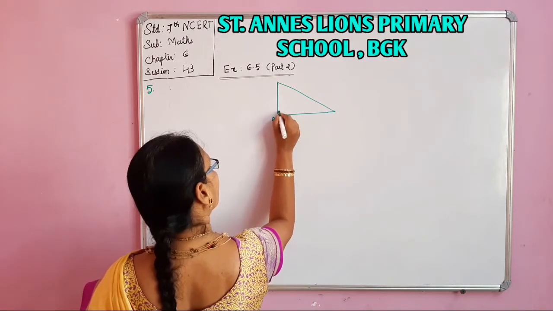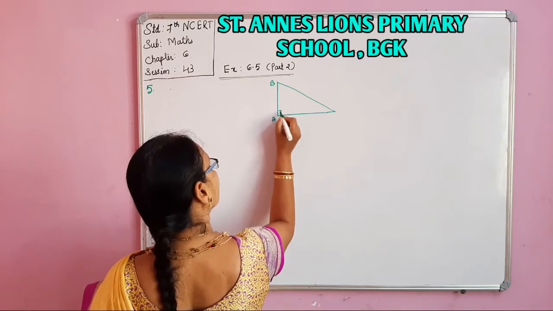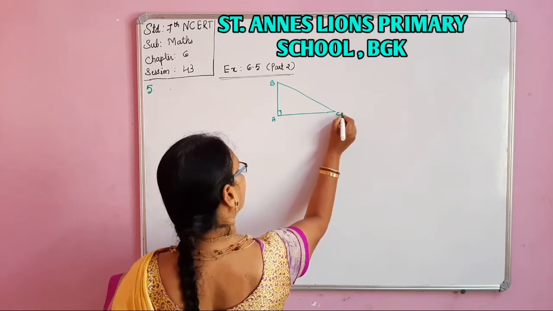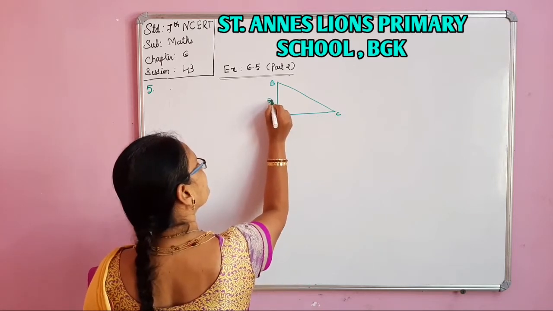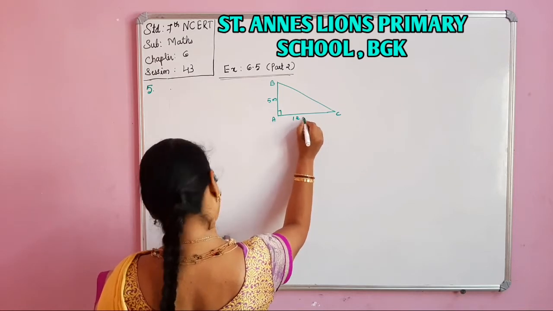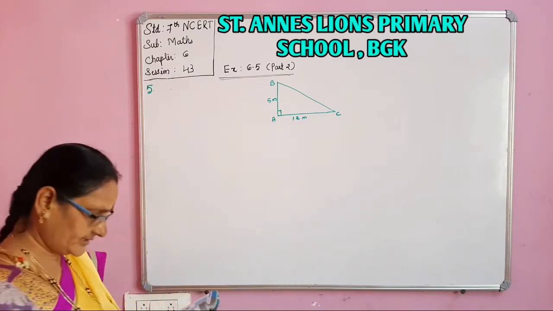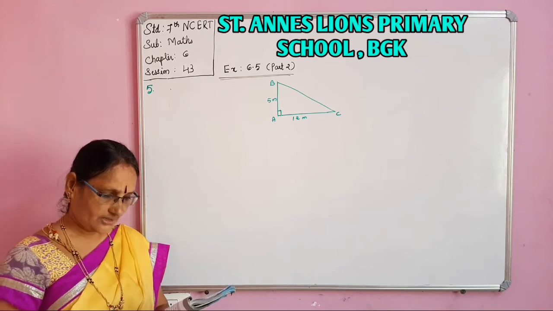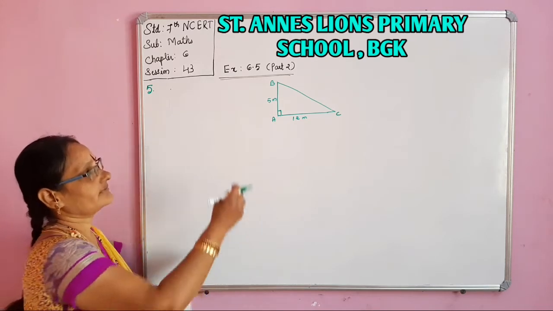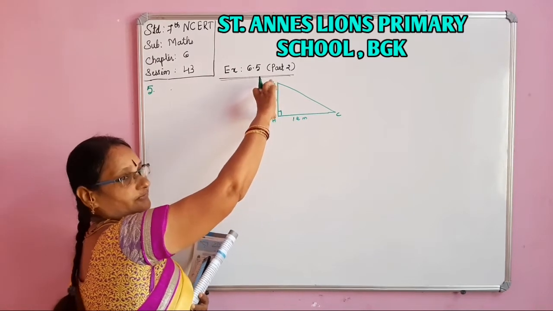See, this is A, this is B, and this is C. This is 5 meter and this is 12 meter. A tree is broken at a height of 5 meter from the ground, this much is cut off.